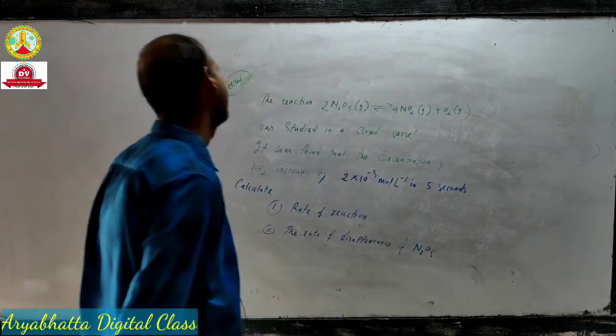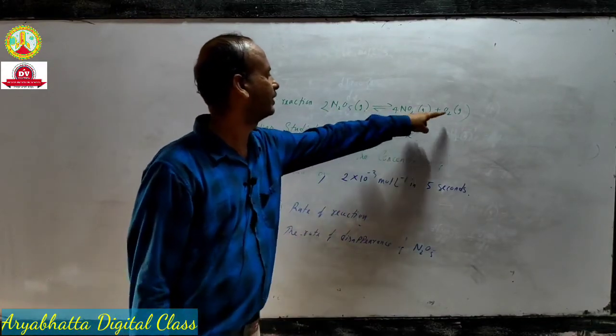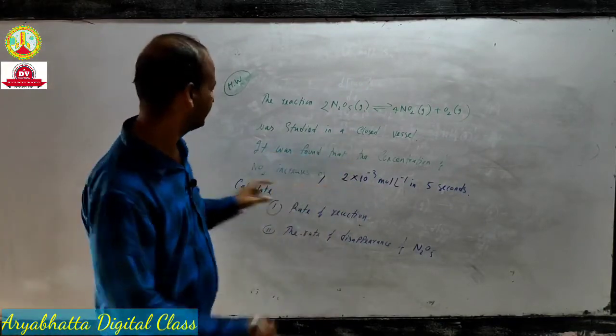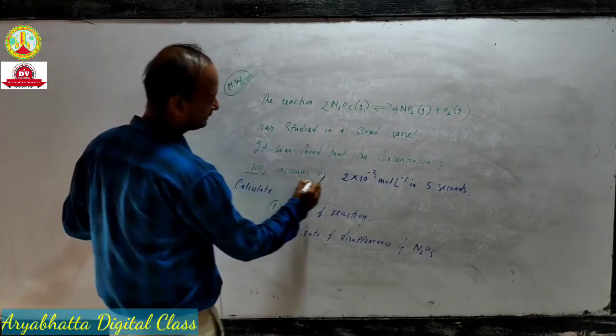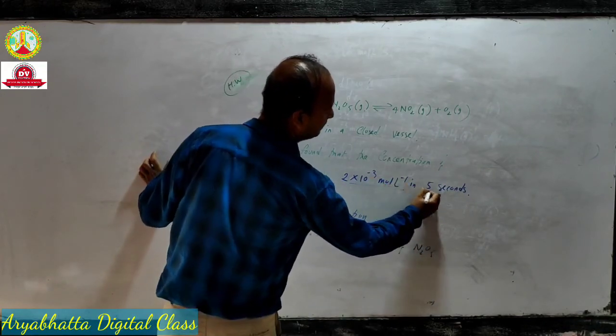The reaction N2O5 to give nitrogen dioxide and oxygen was studied in a closed vessel. It was found that the concentration of NO2 increases by 2 into 10 to the minus 3 mol liter inverse in 5 seconds.